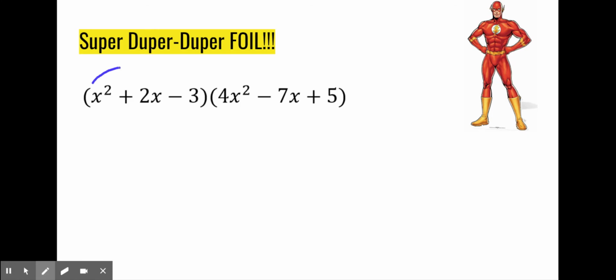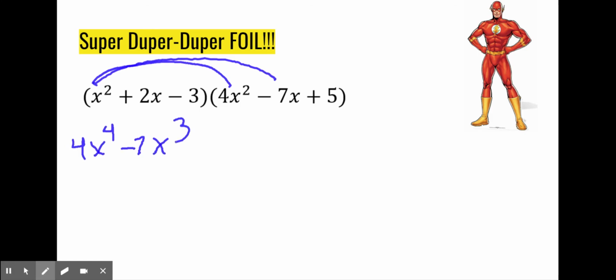You got to take the x squared times the 4x squared. So we get 4x to the fourth. We need to write small for this, x squared times negative 7x to get a negative 7x to the third power. And then x squared times 5 to get a 5x squared.